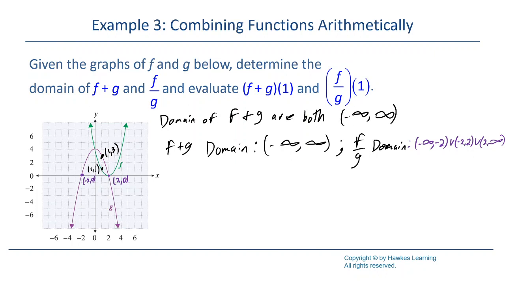Now if I do f plus g, that means I want to do f of 1 plus g of 1. So f of 1 is 1 plus g of 1, which is 3.